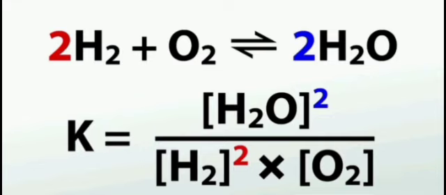So we form the ICE table. This is how we do it. We write out the balanced equation, 2NOCl in a reversible reaction yields 2NO plus Cl2, and we write ICE vertically under the equation.